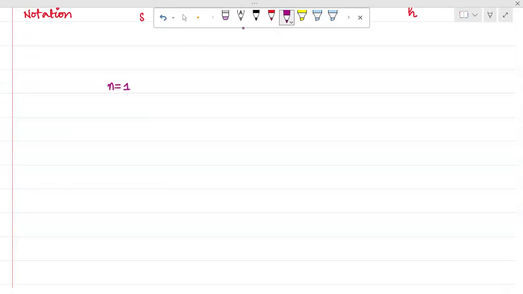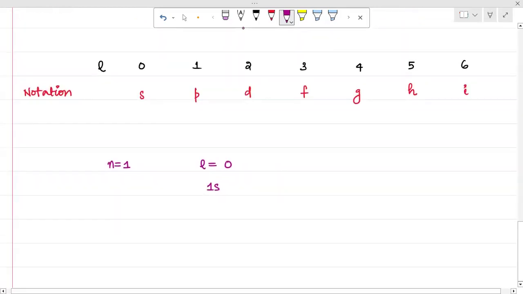The only possible value of l is 0. 1 is not possible. So you notate this in combination: you have 1, you have 0, and the way you notate it is 1s, because s corresponds to 0, correct?